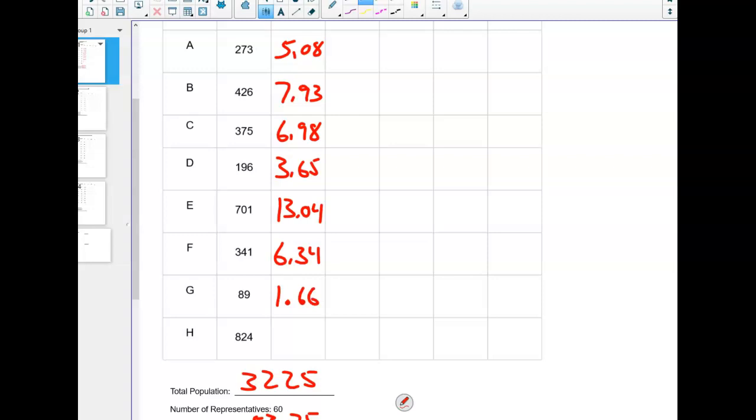And 824 divided by 53.75 rounds to 15.33. And all of those are rounded to the nearest hundredth.